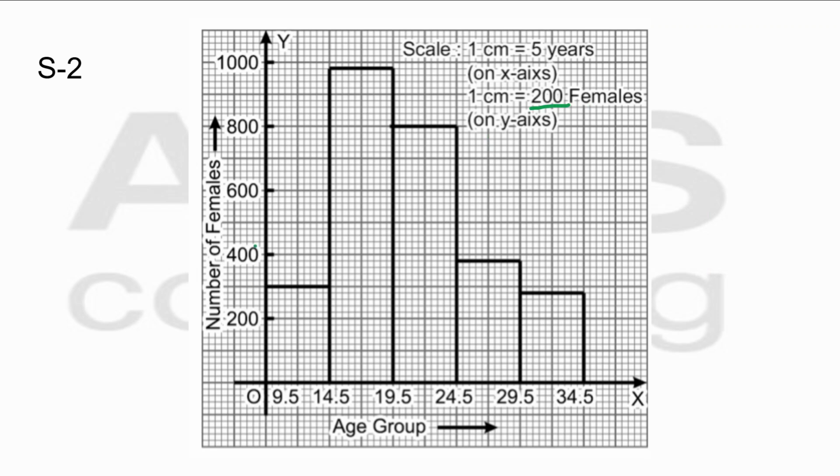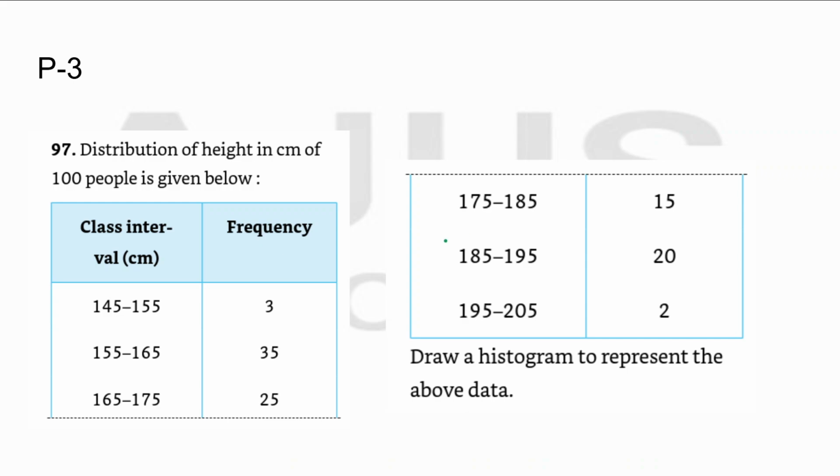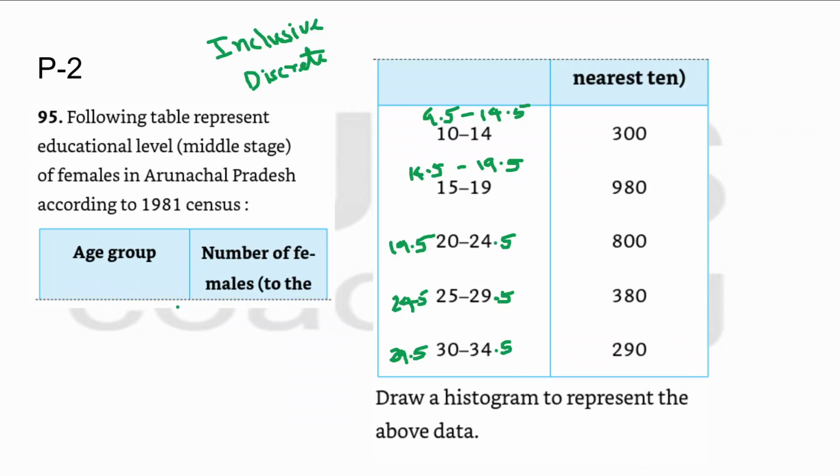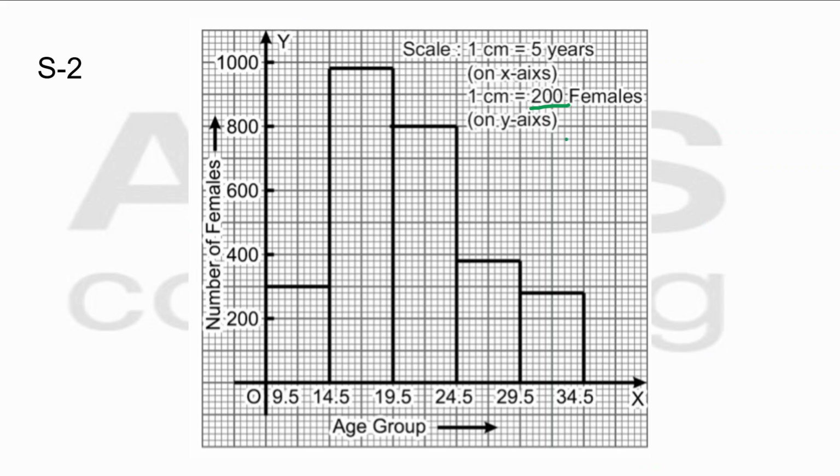With that unit in mind, we can scale it. Now in the first class, 10 to 14, that is 9.5, it is 300. Mark it accordingly and then draw the histogram.